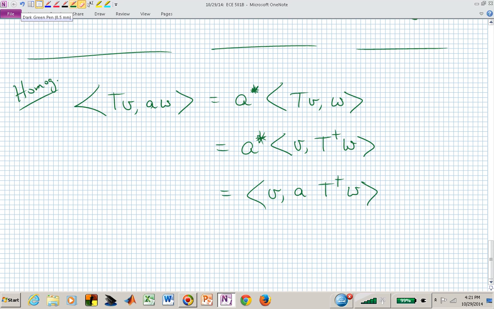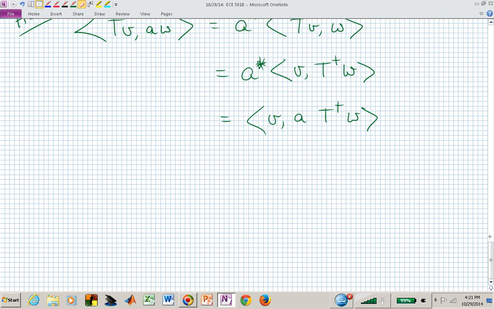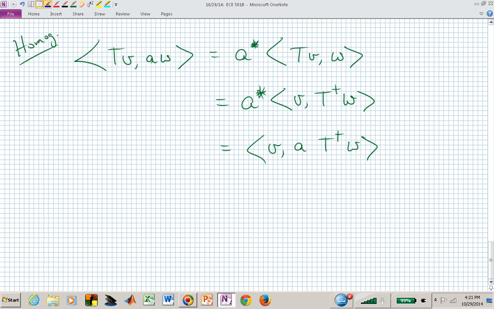All right. So now we're going to do the same thing that we did before. What do we know has to be true about the left-hand side? Or what is the left-hand side equal to if we invoke the definition of the adjoint? What's in the second slot? T dagger applied to what was originally in the second slot.